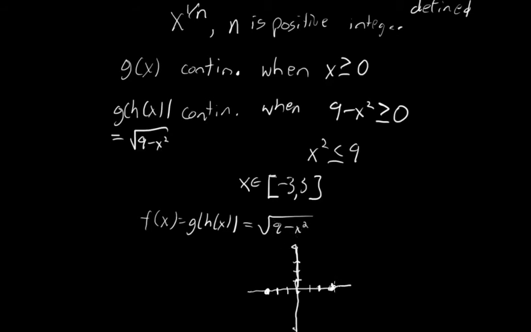If we plug in +3, the square root of 9 minus x squared is 0. If we plug in 0 for x, we know the square root of 9 minus x squared is +3. So if we plugged in more points, we'd see the graph looks something like this.